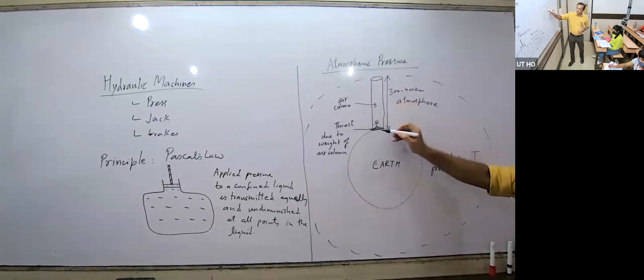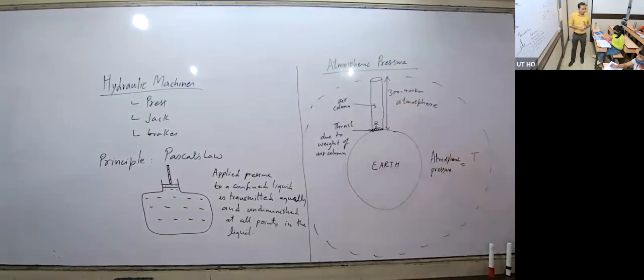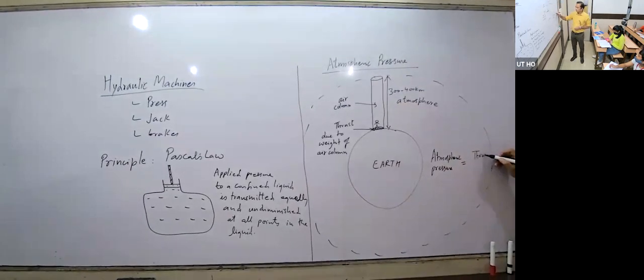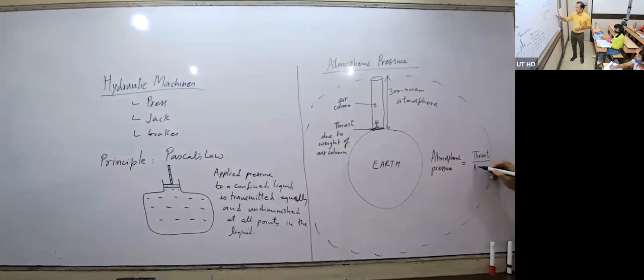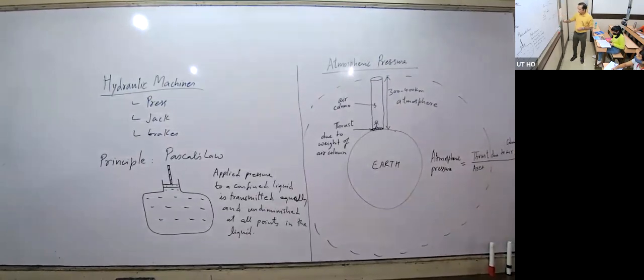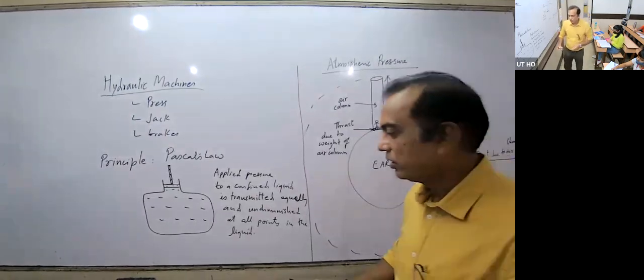Did we define pressure like this? Thrust upon area. So thrust due to air column per unit area, that is atmospheric pressure.